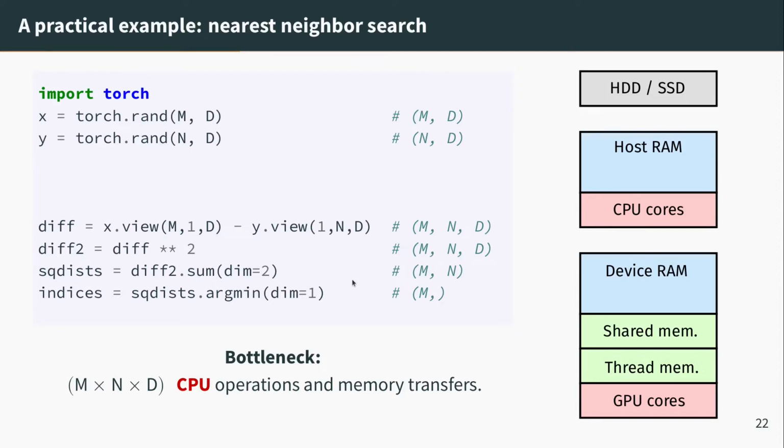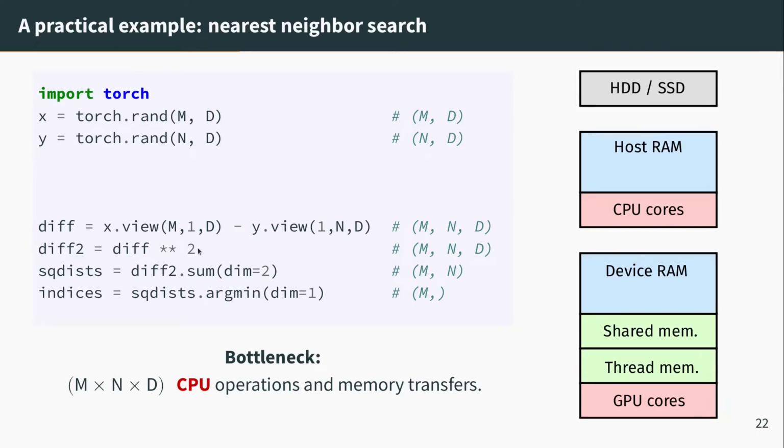Well, fairly poorly. First, because here we haven't used the GPU. Out of the box, torch.rand refers to an array which is stored in the host RAM. So all of this code just happens between the host RAM and the CPU. On the CPU, you also have intermediate memory layers, but that's the idea. Everything happens here in this code. And the main bottleneck is going to be caused by these operations.